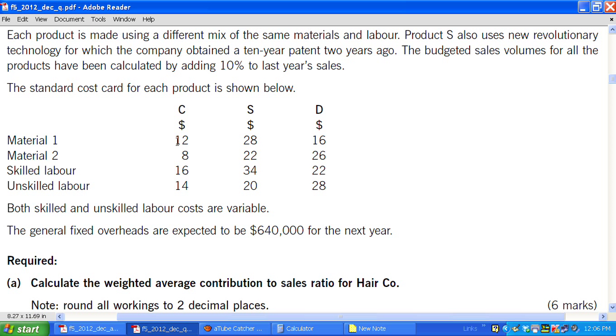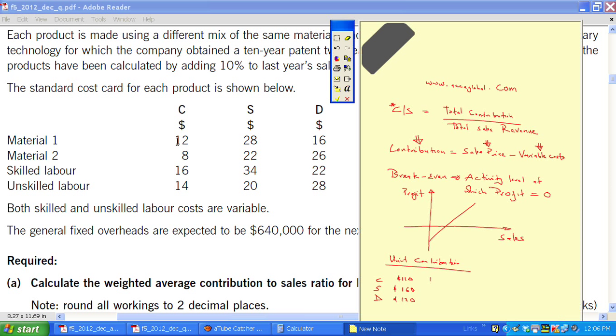We have to remove the variable costs, and these are simply the material costs. So material 1, we have 12. For S we have 28. For D we have 16.